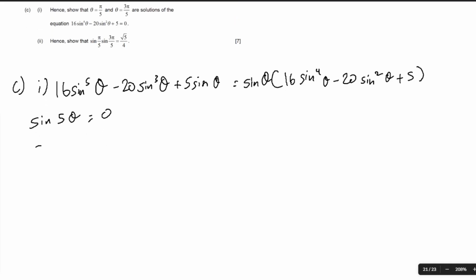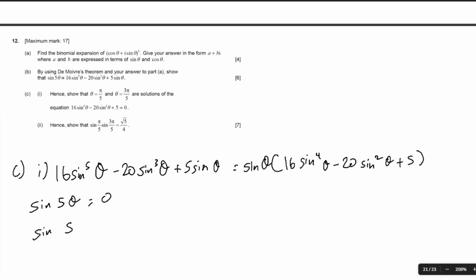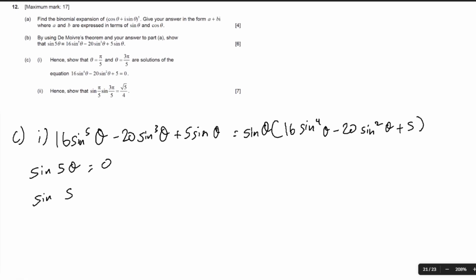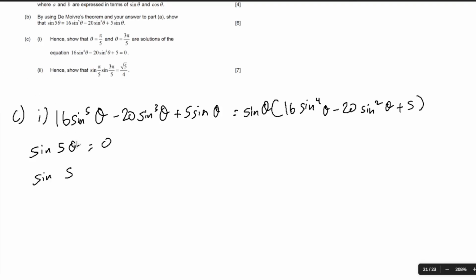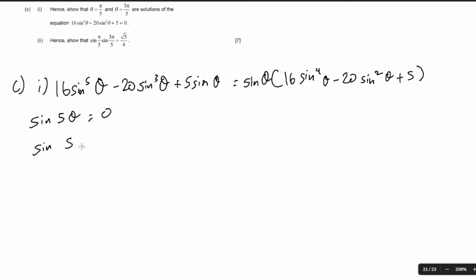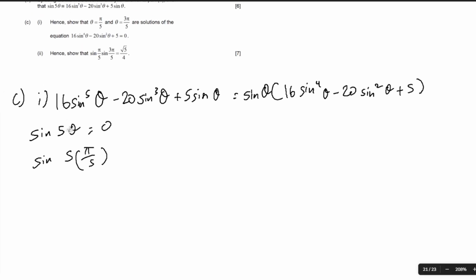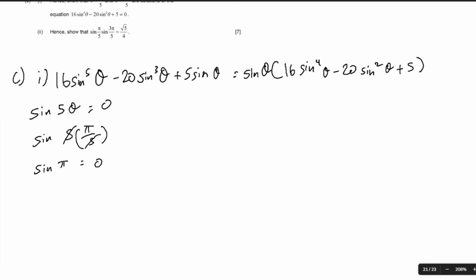And from here, we can check for solutions to find a theta that works. So sine 5 pi over 5, in which the 5s cancel out, so sine pi is equal to 0. So this is correct.